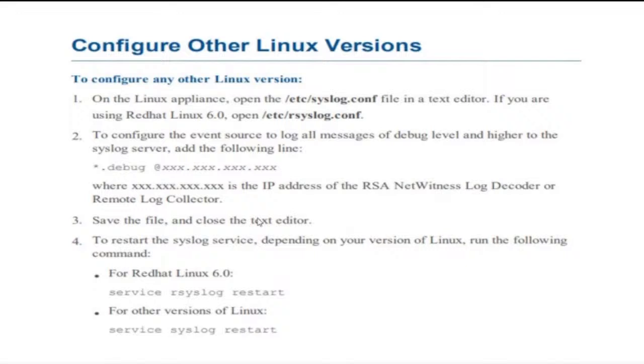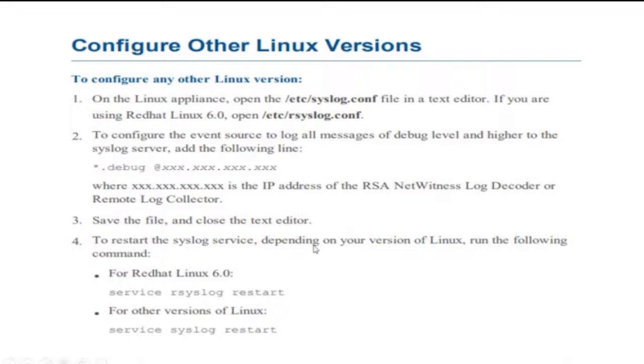Yeah, so this is the integration I'm talking about. This is what you have to do on other event sources from where you want logs to come into RSA. On that machine, you can go to this file, edit it, and enter the decoder IP. That's it. That's how you get the logs for that machine.